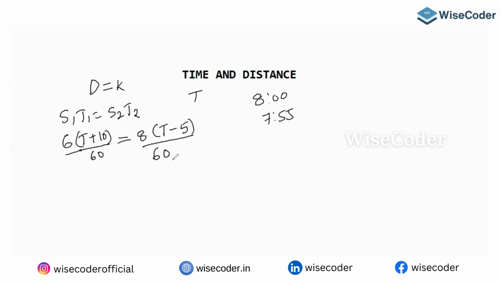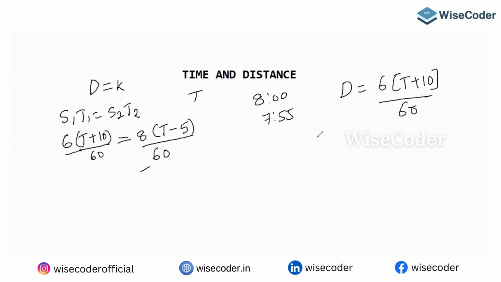He is asking for speed into time only. So once you figure out what T is, substitute here and you will get your answer. If I want the distance, I want 6 into (T plus 10) by 60.